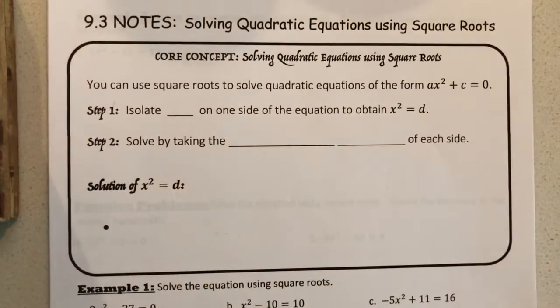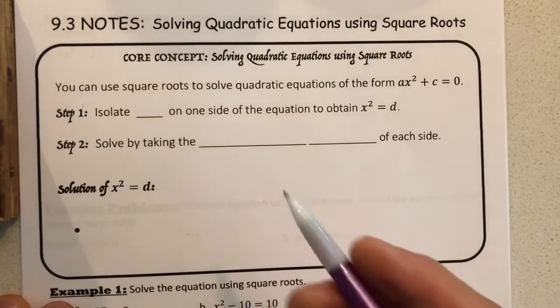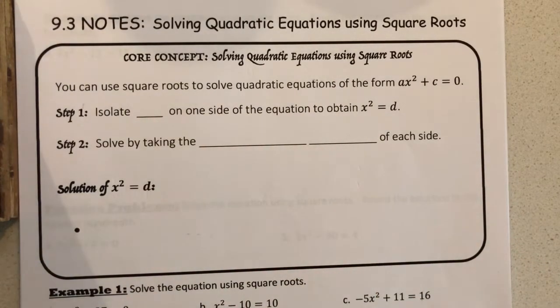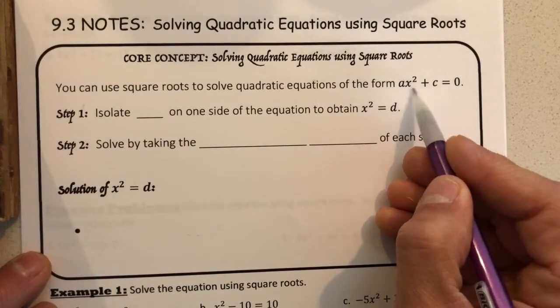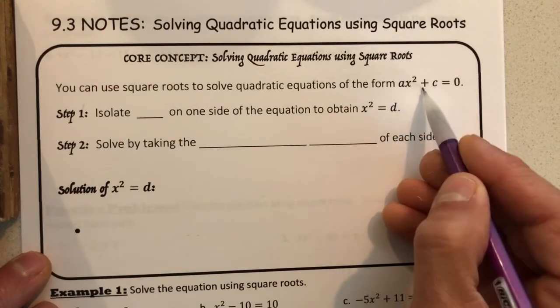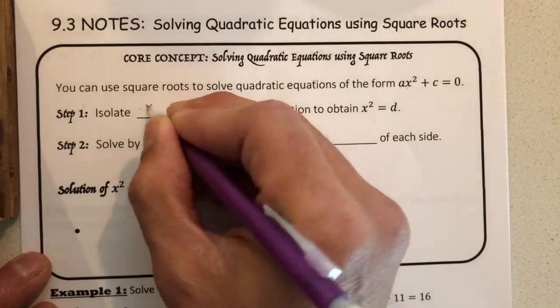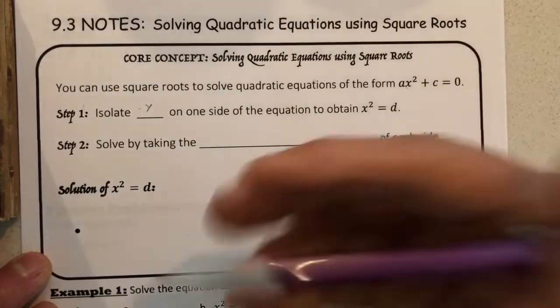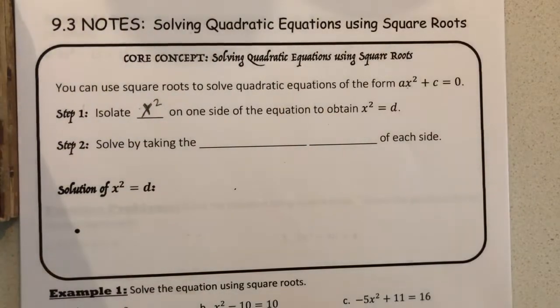The second section is using something that you did in the 9.1 notes, using square roots. So it's a pretty simple process with one little twist at the end. If we're going to solve things that have a squared like this, one way we can do it, if it just has a squared and no other x, just x squared, we can isolate the x squared, get it by itself on one side.